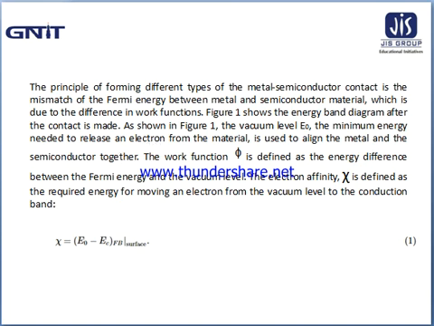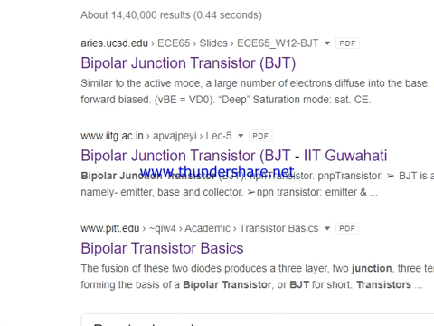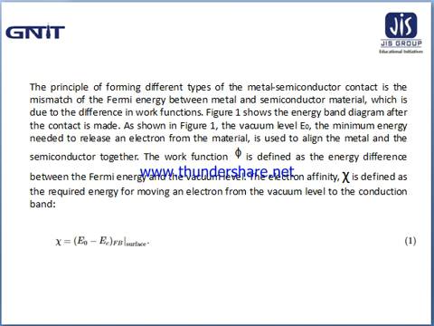This is the introduction. The principle of forming different types of metal semiconductor contact is the mismatch of the energy between the metal and the semiconductor material, which is due to the difference in work function.